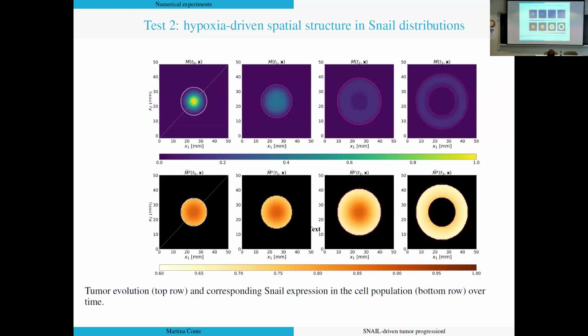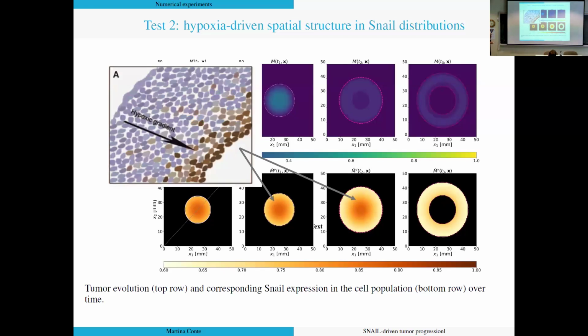But interesting is the distribution of MY, the macroscopic average distribution of Snail in the population. You would see that Snail stays higher in the area where oxygen stays lower. It still has the same ring structure because we are evaluating Snail in the population, not the extracellular one, but it captures nicely this higher distribution of Snail in the inner border and this lower distribution in the outer border.